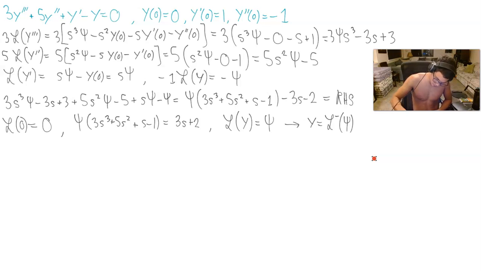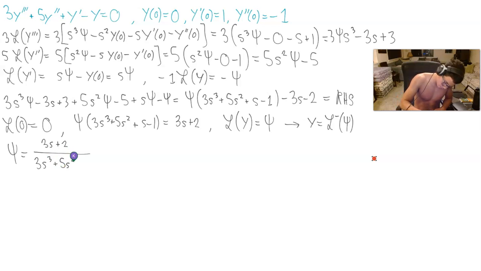So the big Y by itself, if we isolate it, is going to be 3s plus 2, all divided by 3s cubed plus 5s squared plus s minus 1. Okay, so as you can see, we're going to do some partial fraction decomposition here.